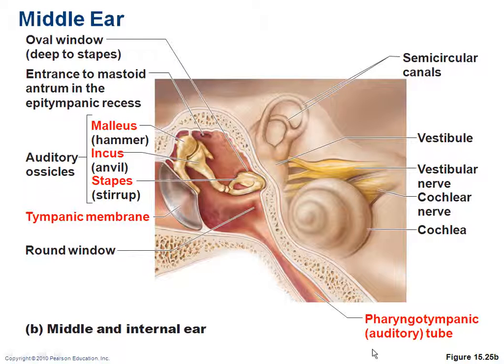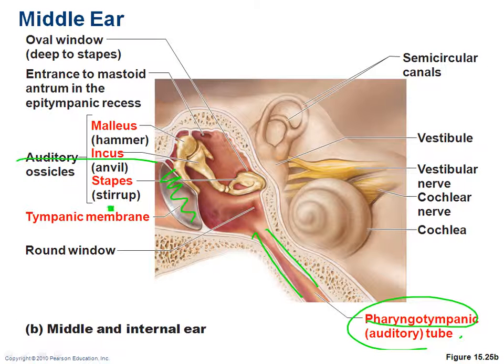So here is our auditory tube. Right here is auditory tube, and that's this section right here. Here's that tympanic membrane. This is showing you all of the bones of the ear. And then out here, they don't have it on this picture, would be the auditory canal, right?